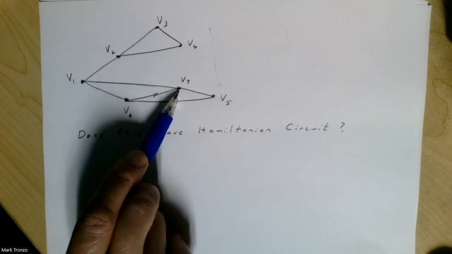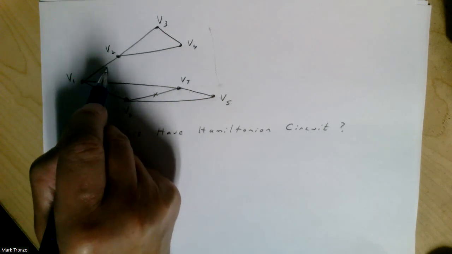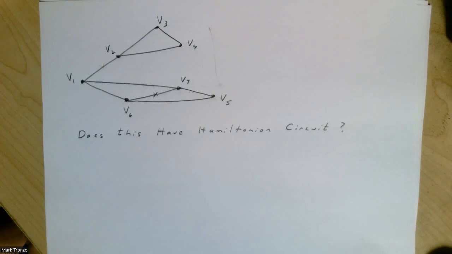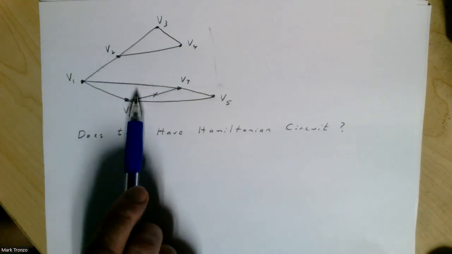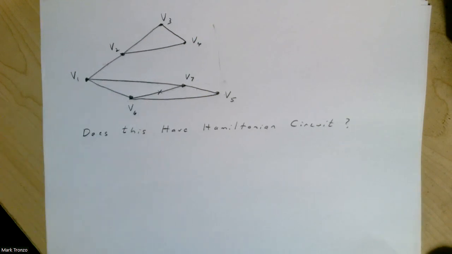Can't take this one because V7 has degree 2. So we have to take this one away. But look, if we take this one away, the graph won't be connected anymore.